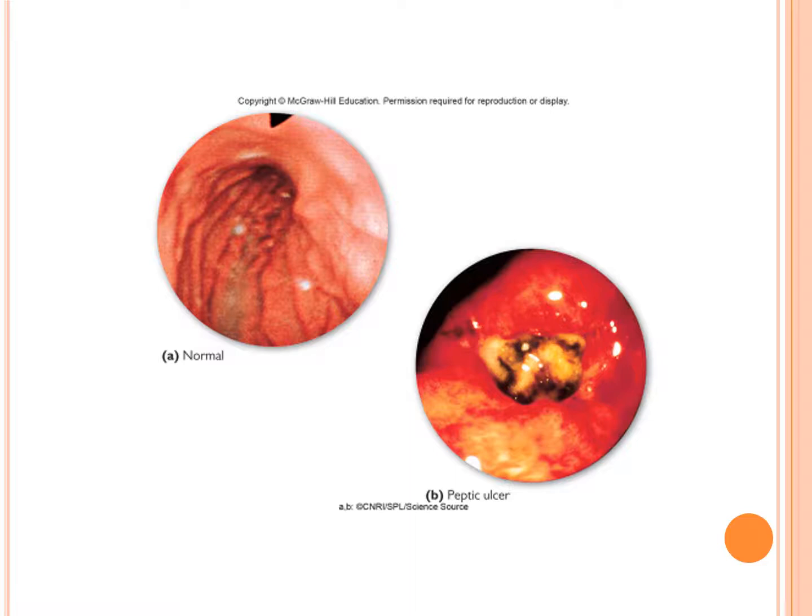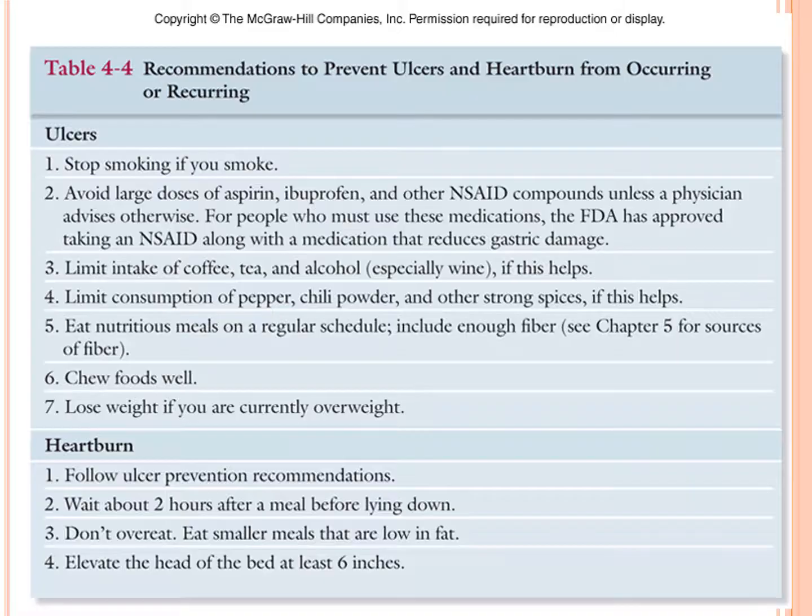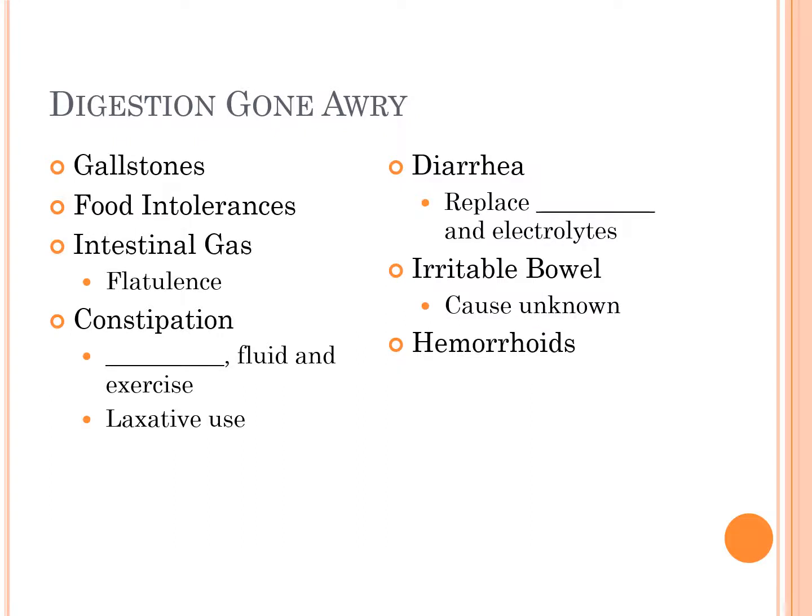A normal mucosal lining of the stomach, and one where we've seen a peptic ulcer form. I'm going to let you go ahead and read through some of these recommendations for the prevention of ulcers and heartburn, either from ever occurring in the first place or from reoccurring if we have once experienced them.